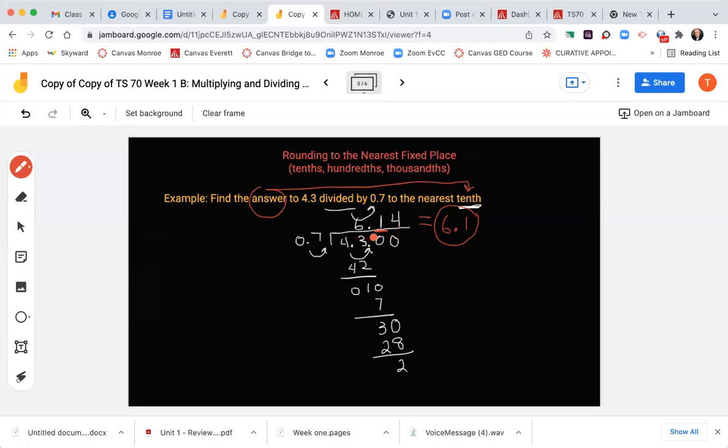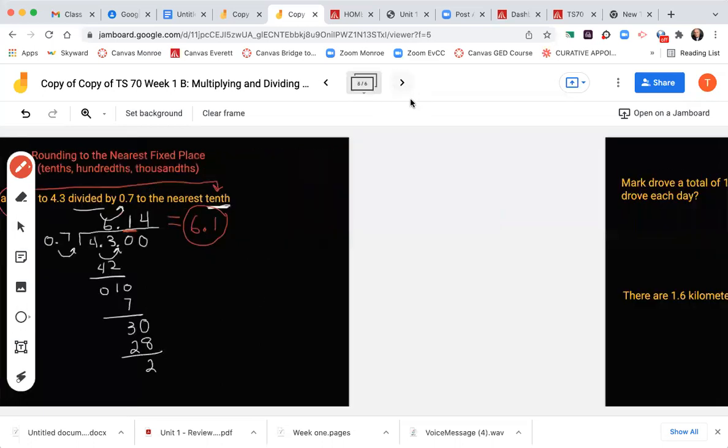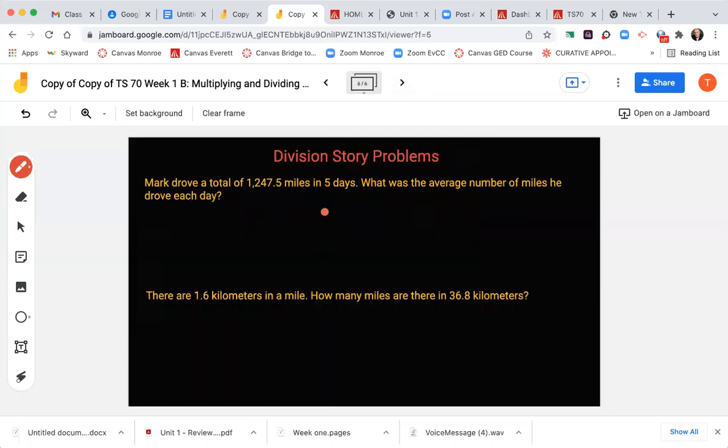Sometimes it'll give you 2 numbers. I think we just looked at that. Round them first and then multiply them, or round them and then divide them, okay? All right, let's look at the division problem here, okay? A story problem. Mark drove a total of 1,247.5 miles in 5 days. What is the average number of days?